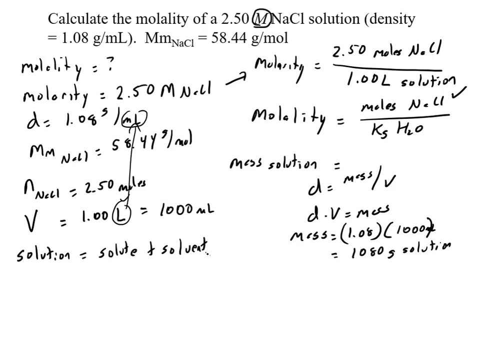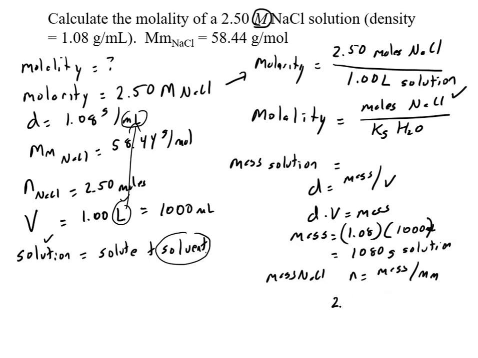Now going back to this formula, I now have this. I need this, so I need to find the solute. What I have of the solute is 2.5 moles. So I need the mass of NaCl. Moles is equal to mass divided by molar mass, is the formula that I'm going to use there.